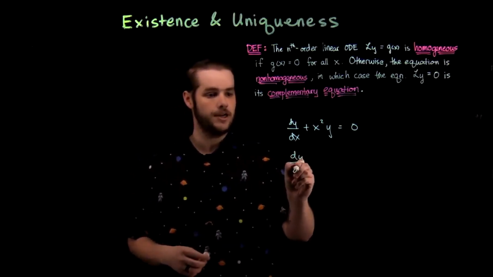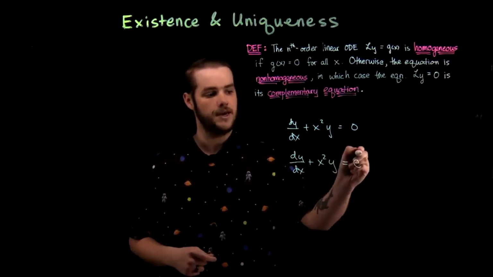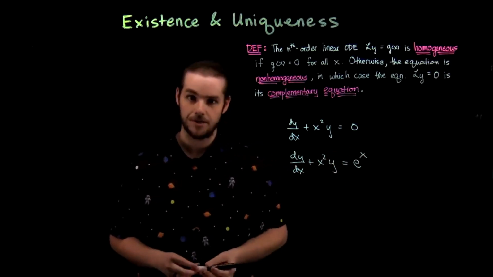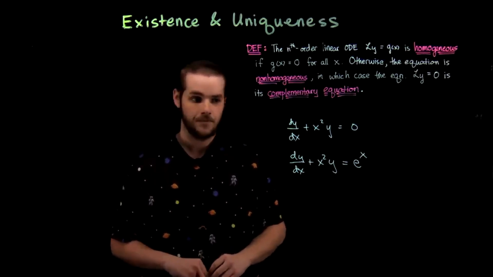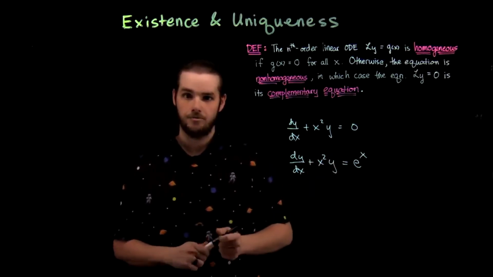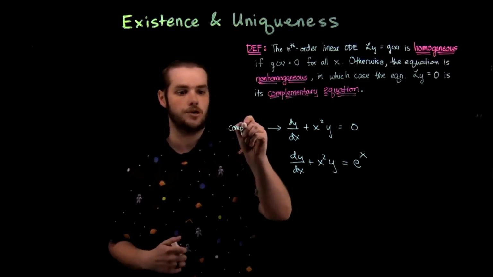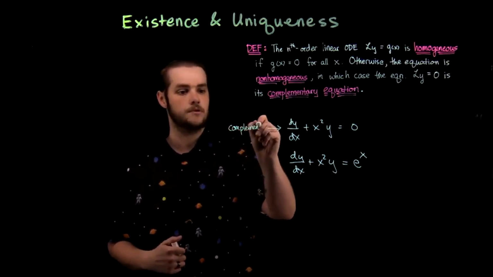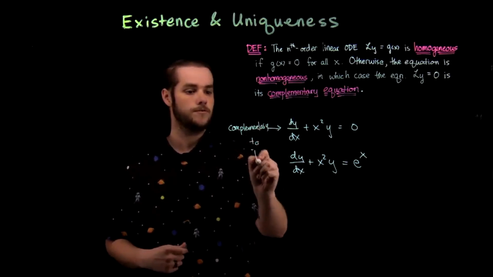If I wrote dy/dx plus x squared y equals e to the x, now it's non-homogeneous, because the right-hand side, in fact, is never equal to 0. However, we would say that this guy is the complementary equation to this guy.